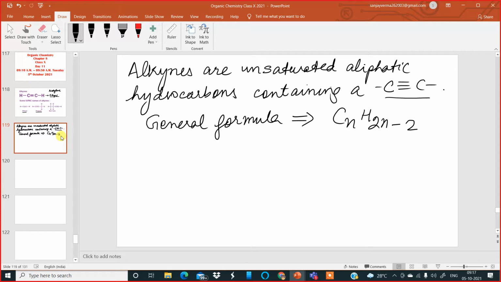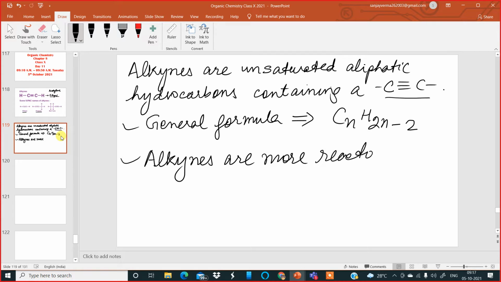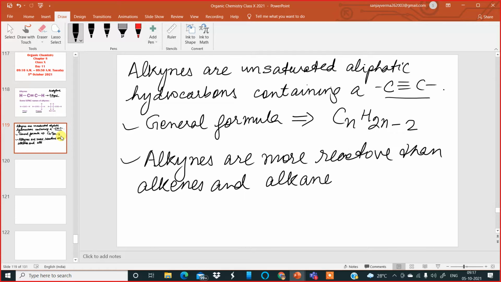Now the next thing that you have to remember is reactivity. Alkynes are more reactive than alkenes and alkanes.